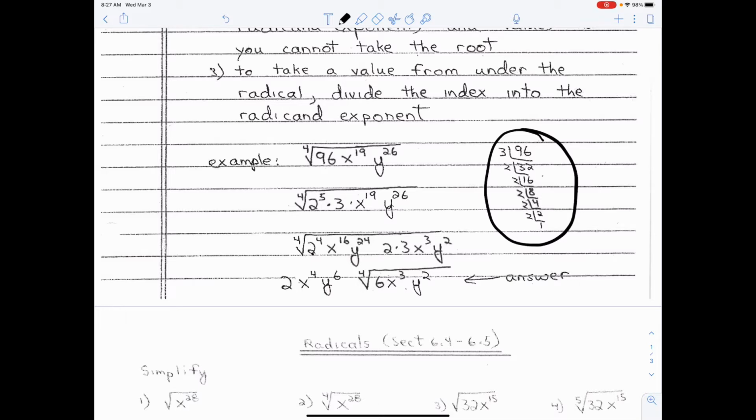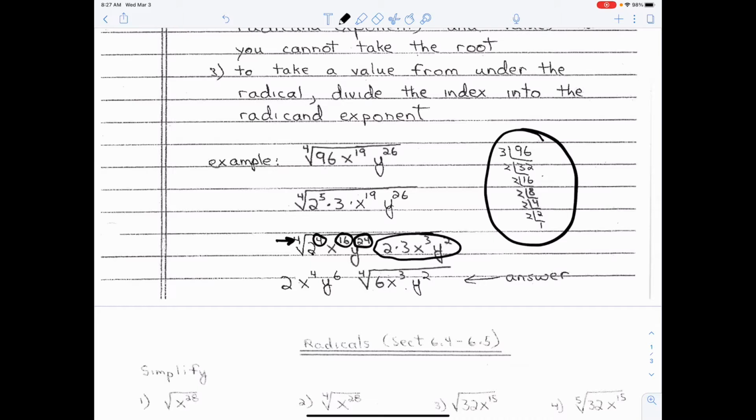And of y to the 26th, we can take the fourth root of y to the 24th. Why? Because the 4 divides evenly into all of these exponents, and it's the largest thing. But it won't divide into any of these exponents. So we're going to take this and divide it into each exponent.